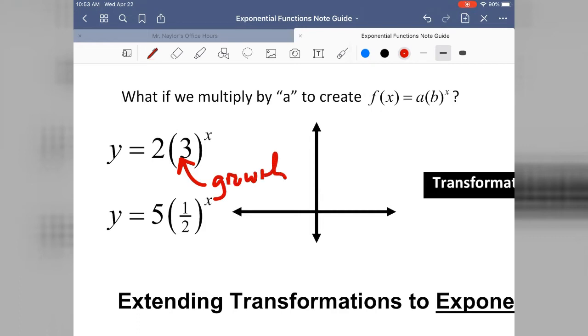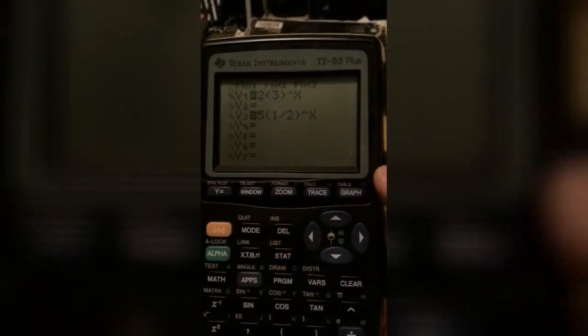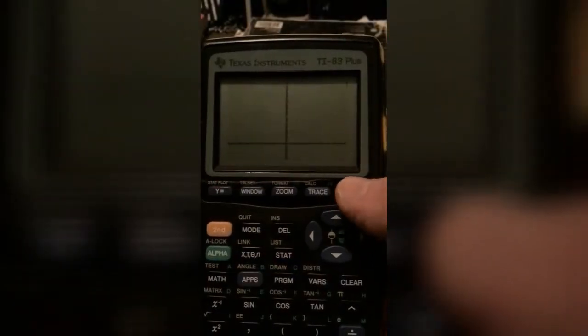So we expect to see a graph that's going up. And we know that this base is going to represent decay. So we expect to see a graph that's going down. So now, what is going to happen when we have a number that's being multiplied in front of these bases? All right, so we got our equations typed in. Now, the first equation is growing, as we expected.